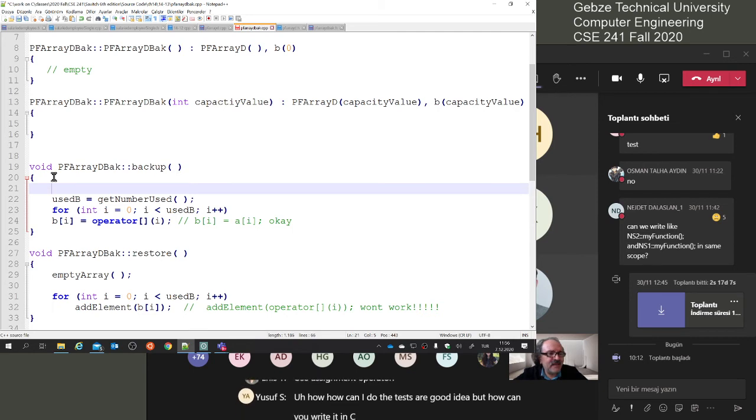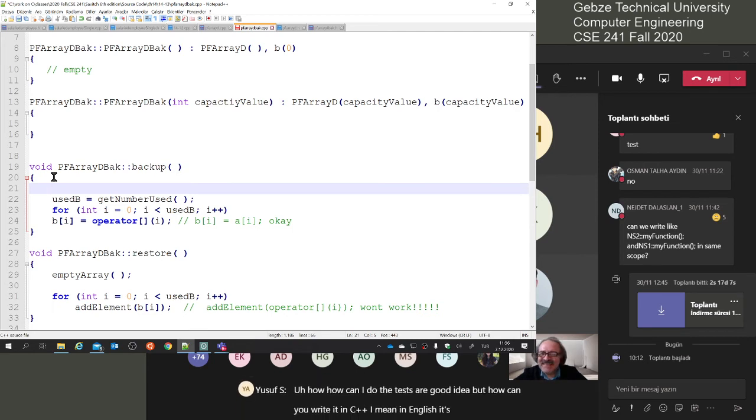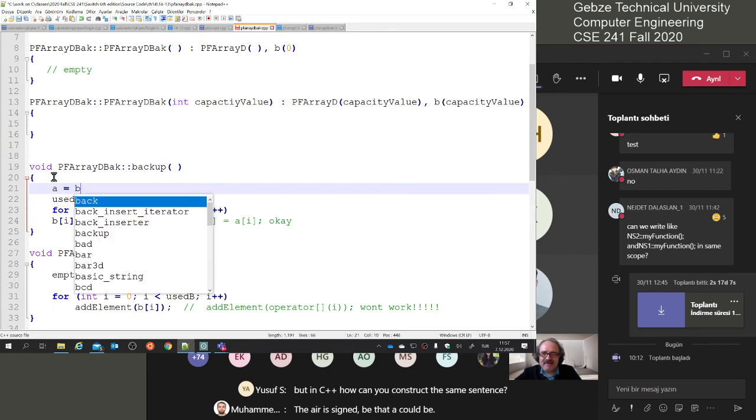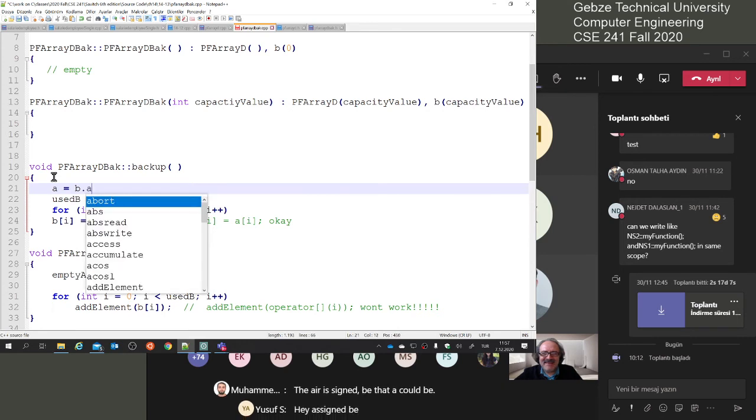In English it sounds very nice, but in C++, how can you construct the same sentence? A assign B, that A could be. A assigned B dot, what is A? There is no A in B.